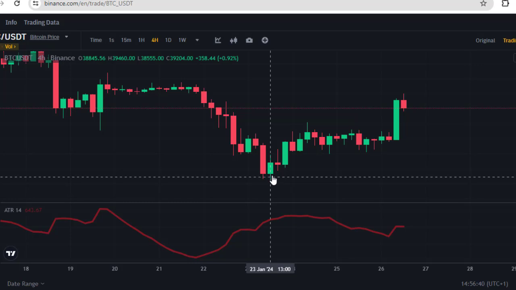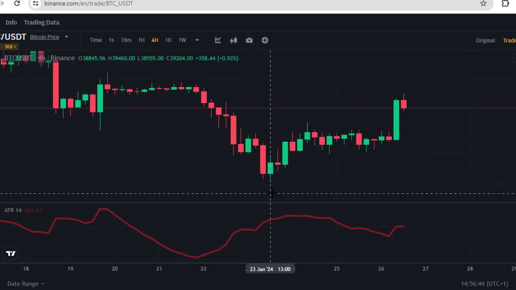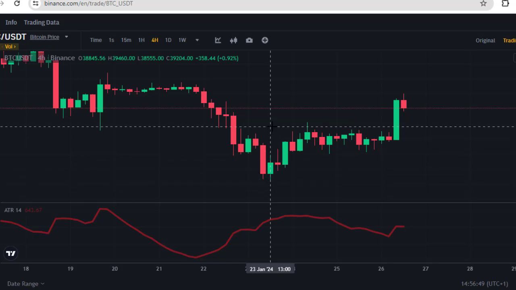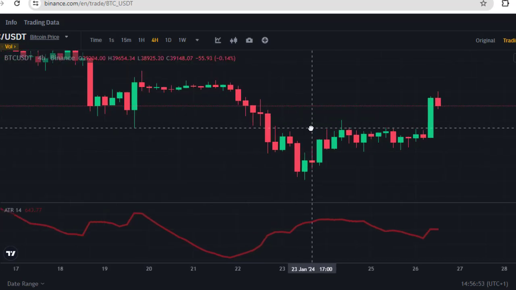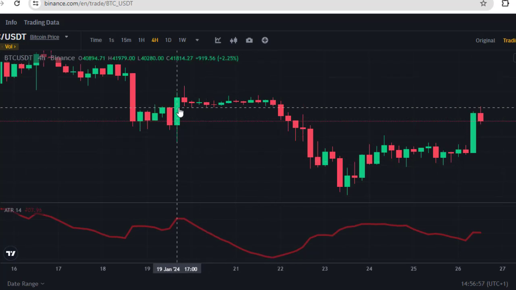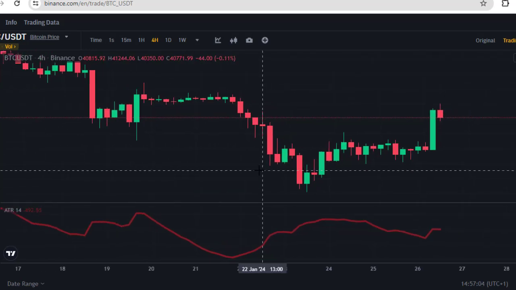What it means is that from the low here, the market can move down $643, and the market can also move upward $643. So any ATR value of any candlestick determines the range of the candlestick and how volatile the market can move up or down. That is why you don't use the ATR indicator for your market direction.